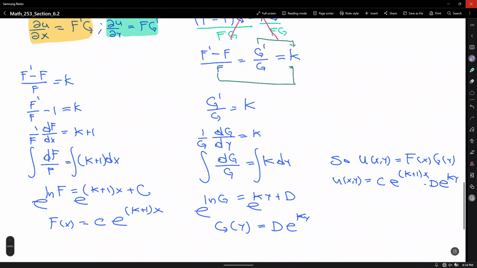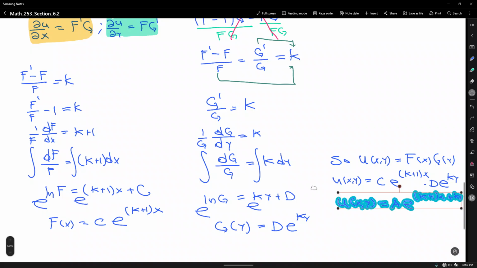Again, I'm going to absorb the two constants c and d into just one single one. u of x, y equals some a, whatever that is, a e to the (k plus 1)x plus ky. So that is our general solution.